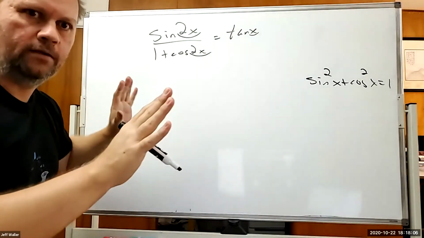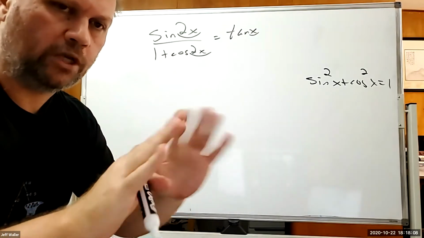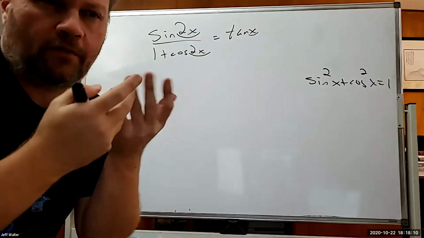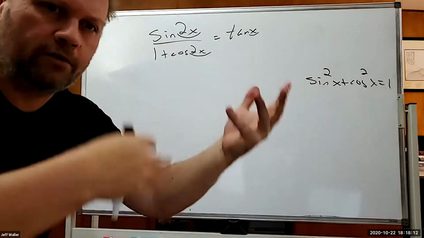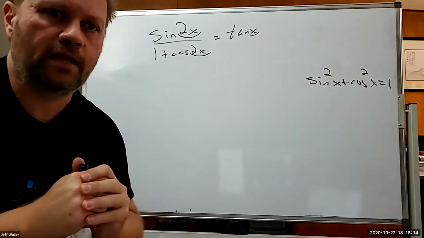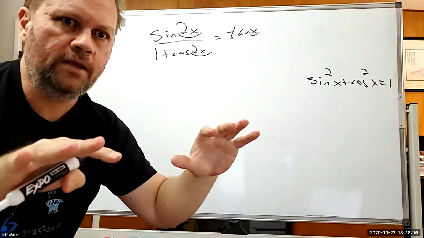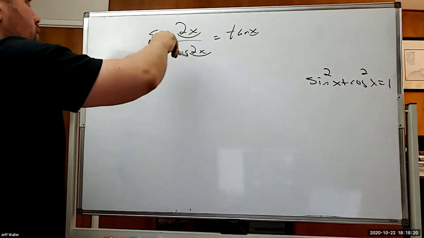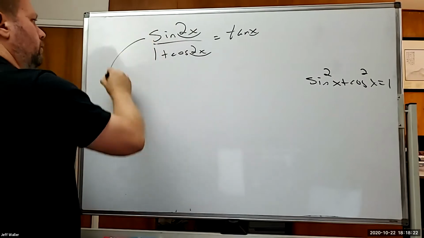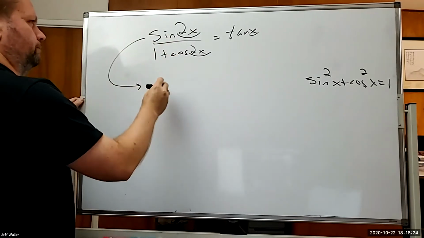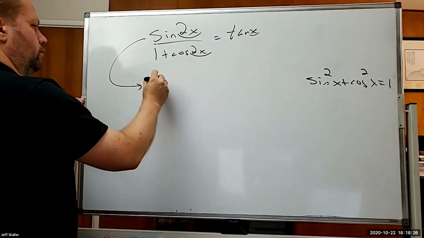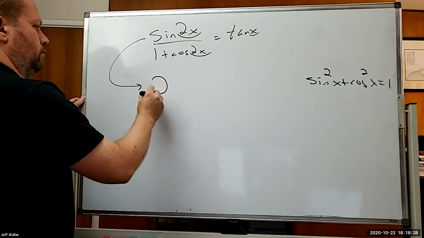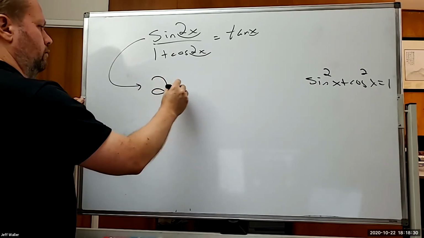Does that make sense? That is a general rule. If you notice that some of it's in half angles or double angles, then obviously you want to use that identity to make them all the same angle. There's no way they can equal each other otherwise. So what's the identity for sine 2x? Two sine x cosine x.